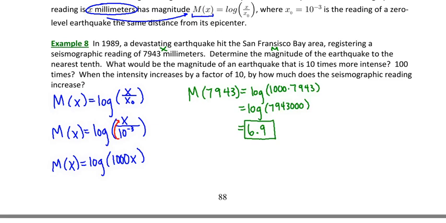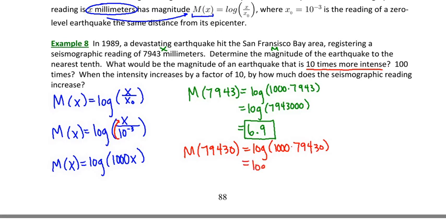Now, to understand how this function works, or how a logarithmic scale works, let's answer the next question. What would be the magnitude of an earthquake that is 10 times more intense? That is, the seismographic reading was 10 times higher. So instead of 7,943 millimeters, we're looking at 79,430. I just multiplied it by 10 there. So we're going to evaluate log of 1,000 times 79,430.